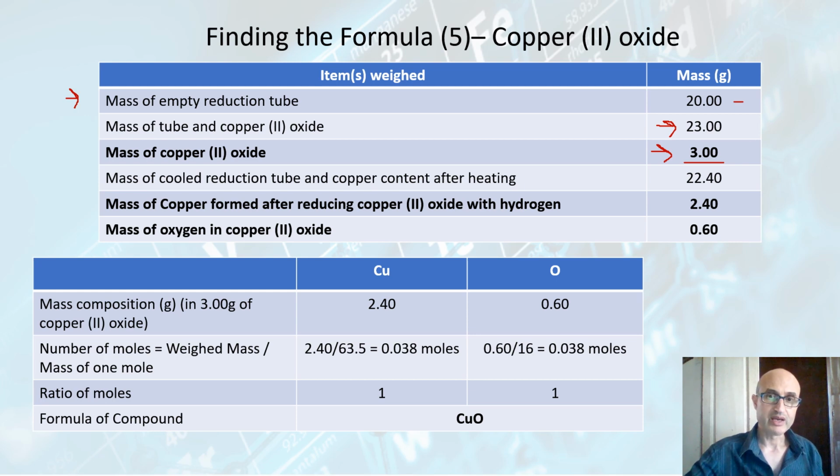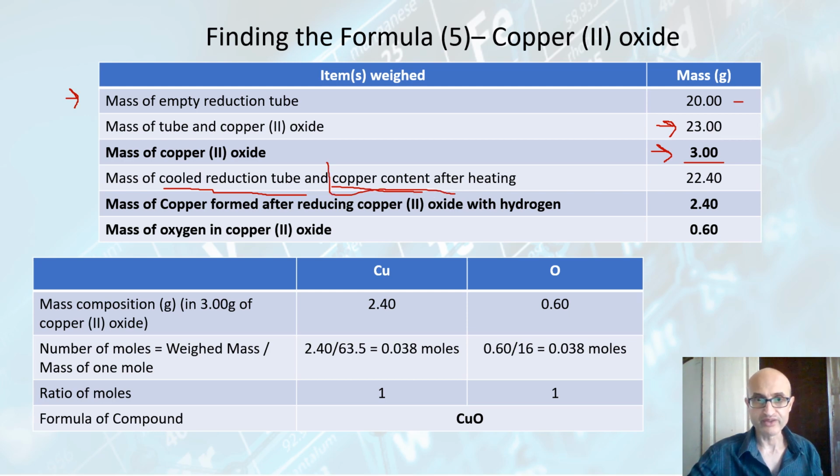Then, after heating, notice the mass of the cooled reduction tube. The reduction tube, as I explained in the previous slide, has been allowed to cool. And the copper content after heating. Well, as we explained also, after the copper 2 oxide has been heated strongly in a stream of hydrogen, it has been reduced to the copper metal. And this is why you have copper content after heating.